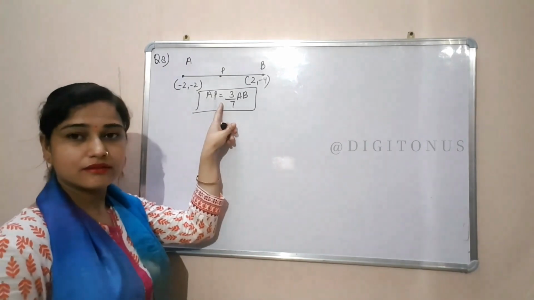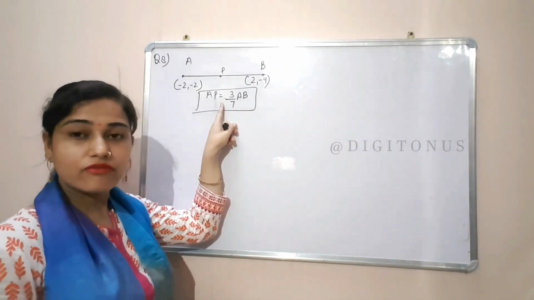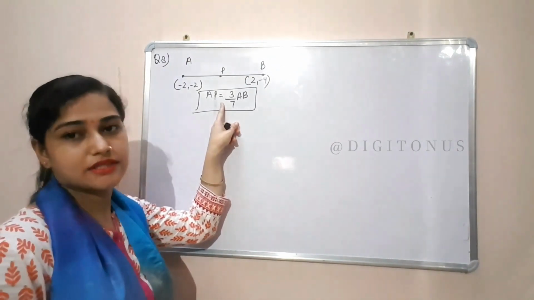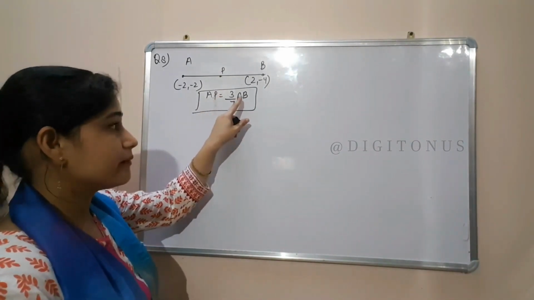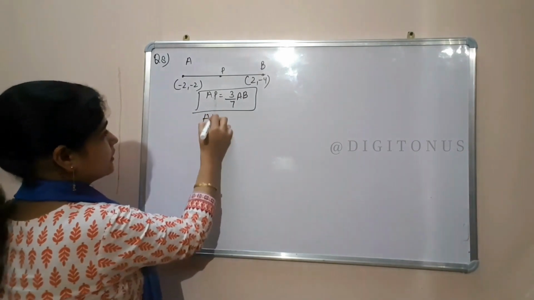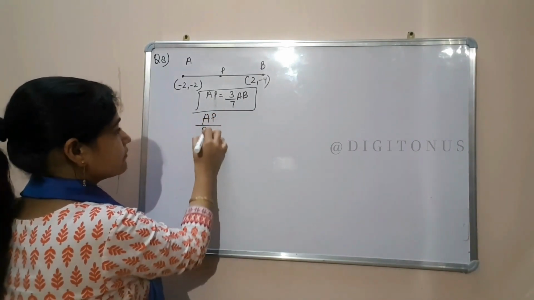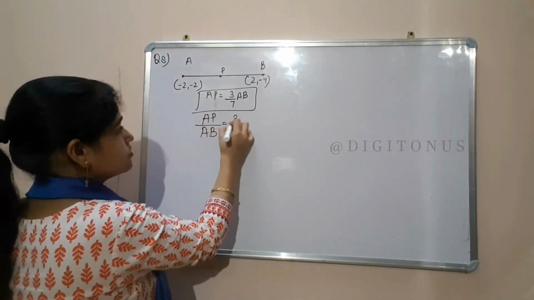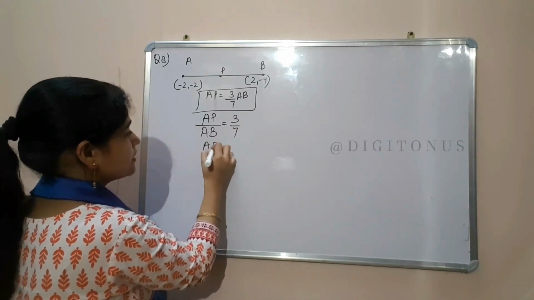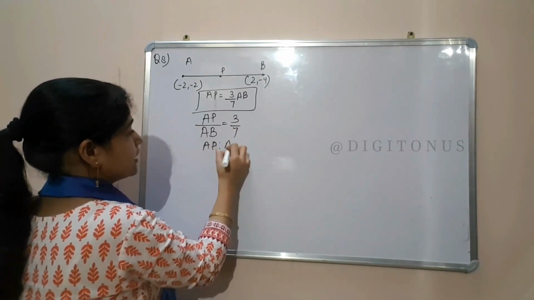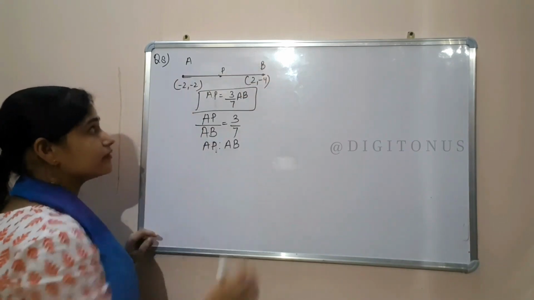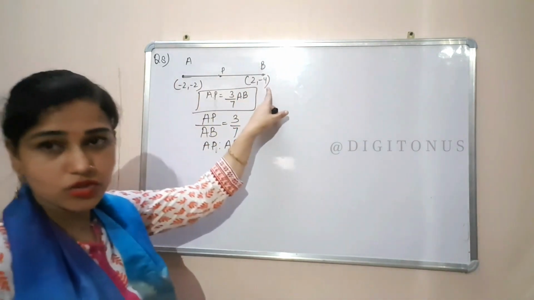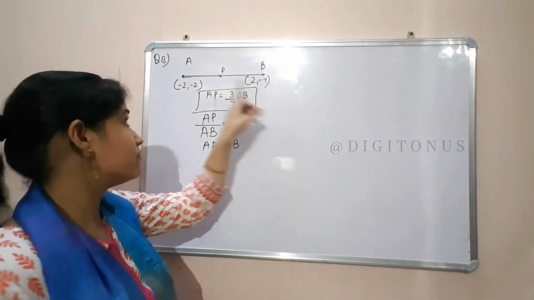You look here, and again I am focusing on reading the question carefully, that AP is equal to 3 by 7 AB. If I shift AB to this side, you can say that the AP ratio AB is given. The AP ratio PB is not given.